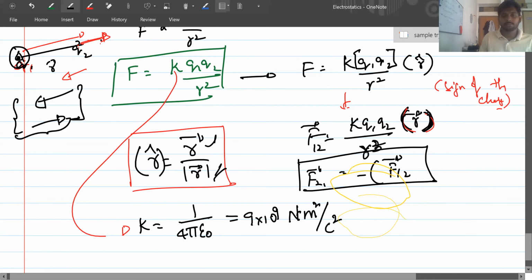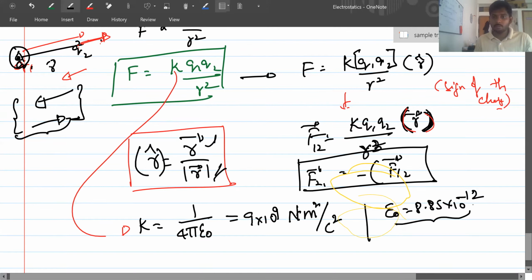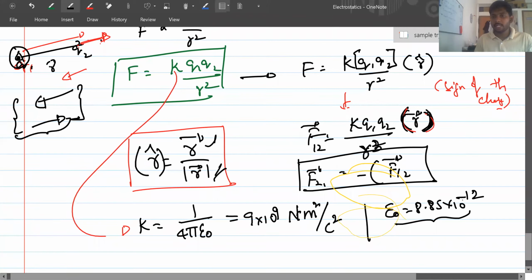Epsilon naught value is 8.85 into 10 power minus 12, as far as I remember.